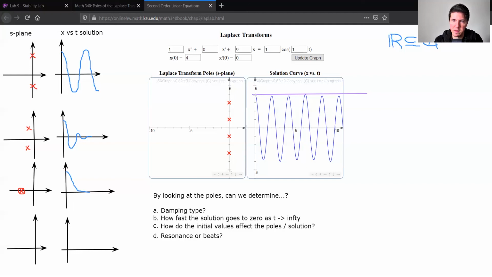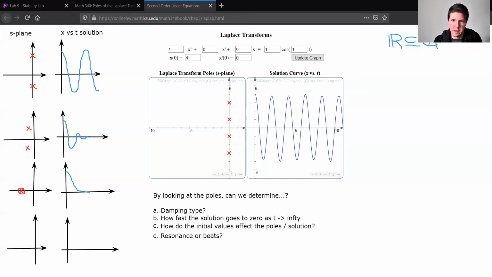The amplitudes shrink and then they grow then shrink. They don't just strictly grow like in resonance. So it is beats. Graphically, we can subtly tell. Another way we could tell is by looking at the frequency of both the complementary and then the particular solution.